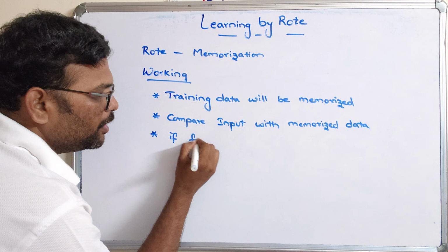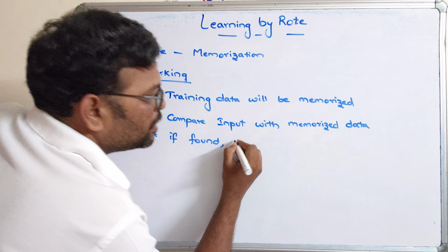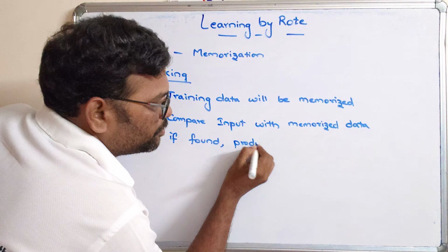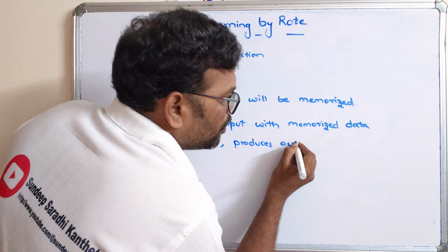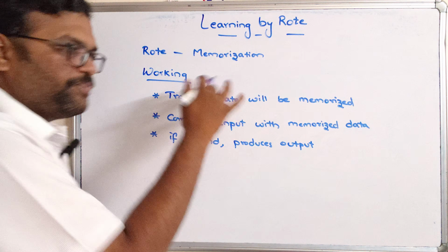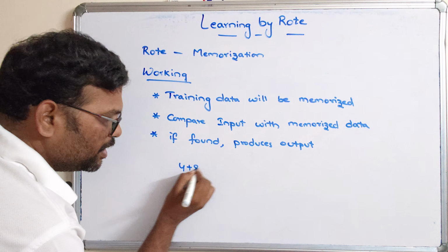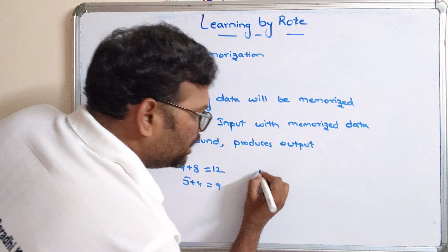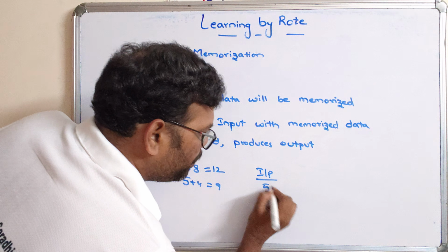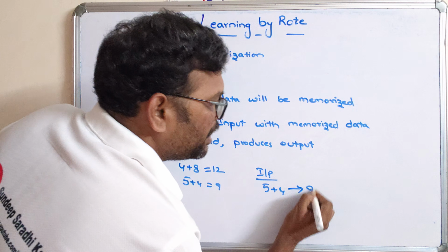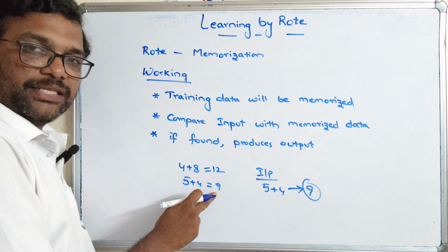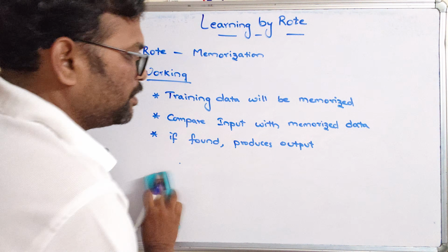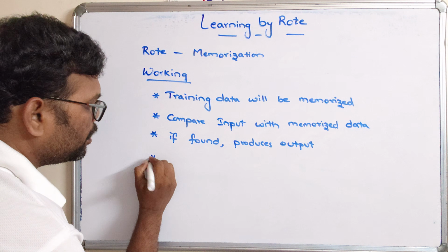If found, it produces the output. For example, 4 plus 8 is 12, 5 plus 4 is 9, and if the input we give is again 5 plus 4, automatically it will retrieve the data which has been memorized, so it produces the output.